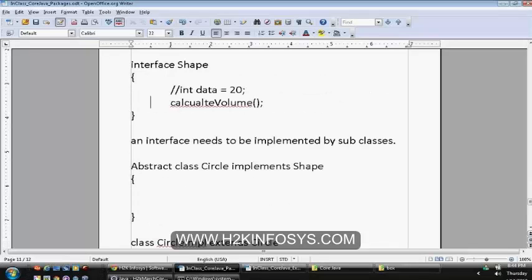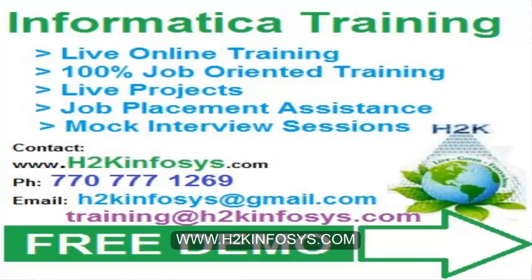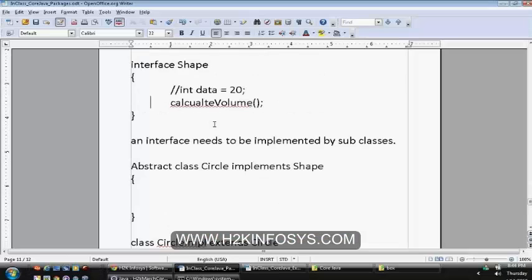See, here you can ask, why can't I go for interface and then abstract class and then normal class? Why can't I directly implement the shape interface here itself? You can, no issues. But we are just taking a look at what happens if a class was not capable of implementing all the methods.